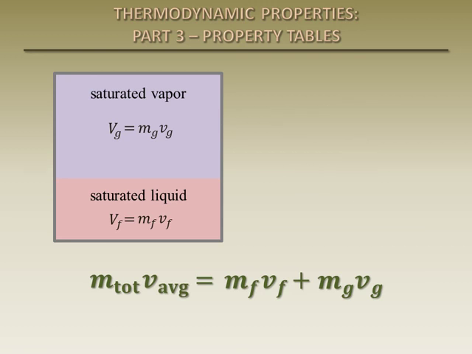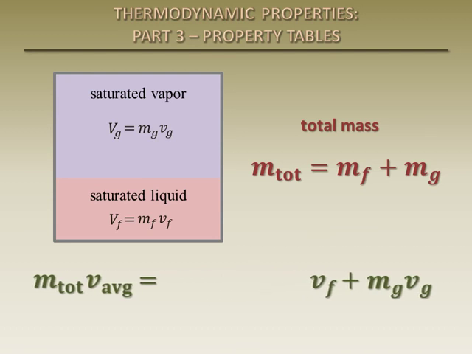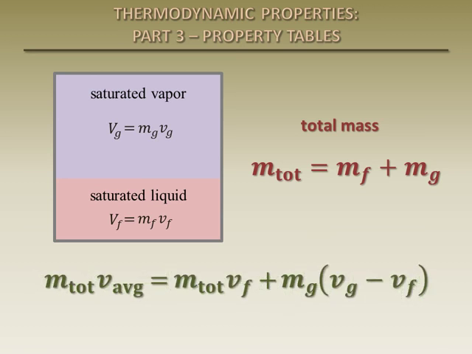Noting that the total mass of the mixture is simply the sum of the mass of the liquid and the mass of the vapor, we can replace the mass of the liquid in our equation with the mass of the vapor subtracted from the total mass. This equation can be rearranged as follows. We then divide both sides by the total mass of the mixture.